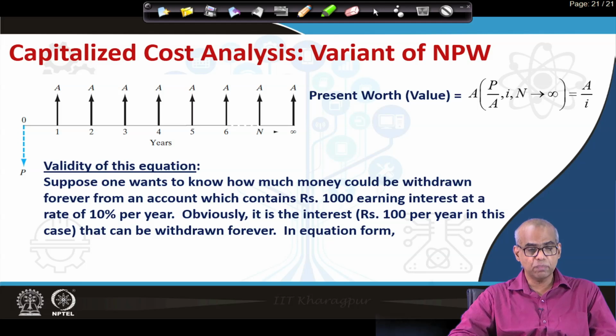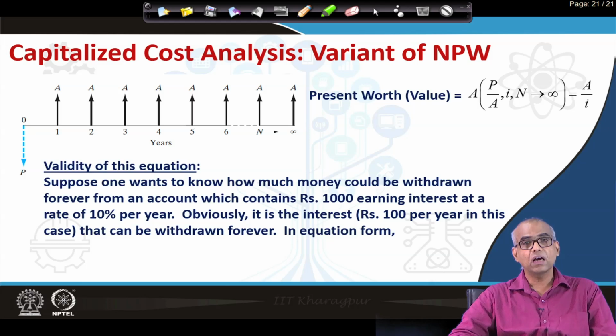Now, let us argue about the validity of this equation. Suppose one wants to know how much money could be withdrawn forever from an account which contains rupees 1000 earning interest at a rate of 10% per year. So, how much can you withdraw forever? Obviously, it is the interest that is earned at an interest rate of 10%, that means 100 rupees in this case.